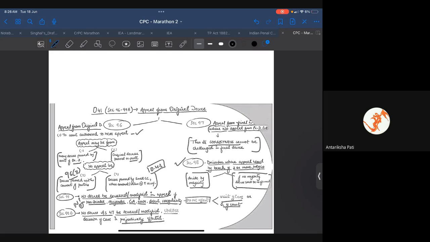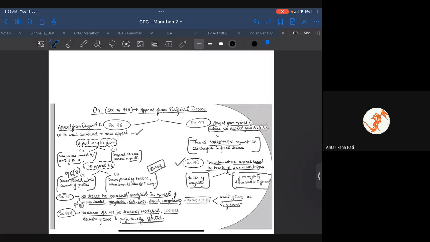Okay. Now 99 says that no decree is to be reversed or modified in appeal just because of non-joinder, misjoinder, misjoinder of cause of action, or error, defect or irregularity, if they do not affect the merits of the case.